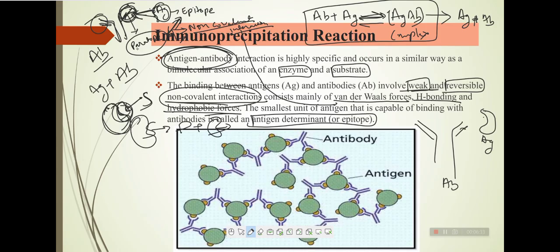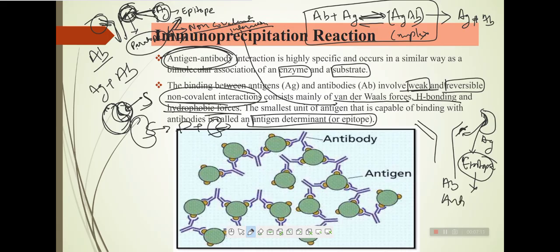The site where they come and bind, this site is called the epitope, and this site is called the paratope, and this epitope is also known as the antigen determinant.